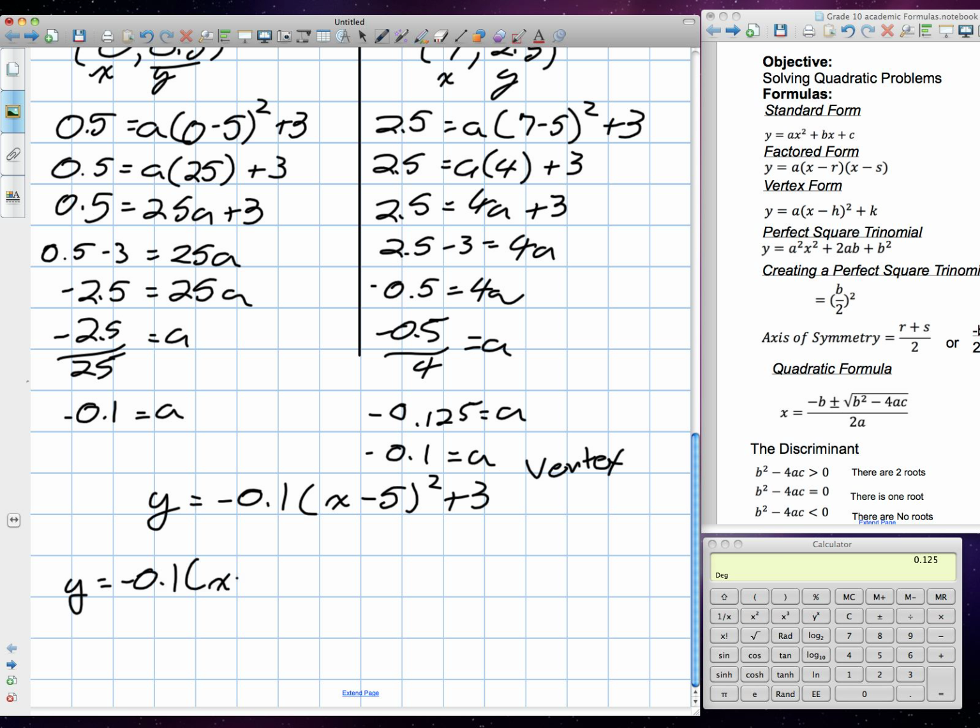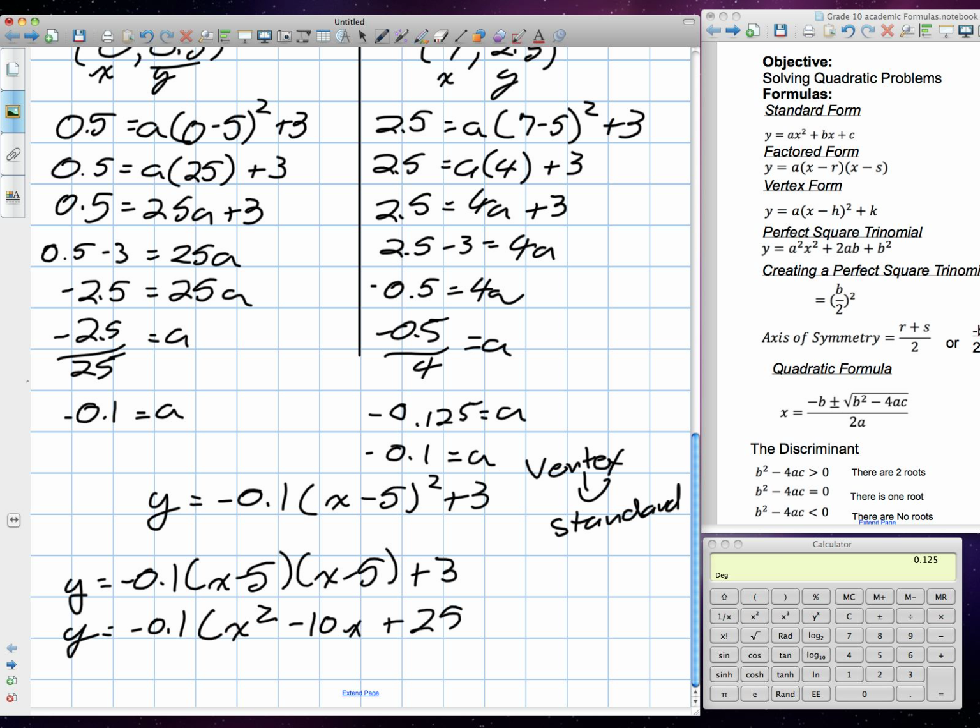So the same idea, we would expand. y is equal to negative 0.1 times (x minus 5) times (x minus 5). So what we're doing is going from vertex to standard form. We would FOIL what's in those brackets, so we're going to be left with x squared minus 10x plus 25.